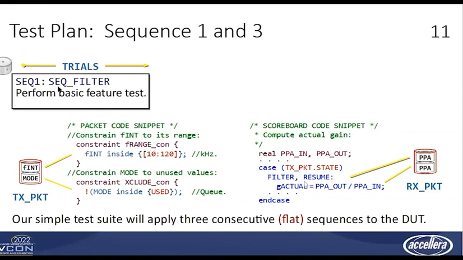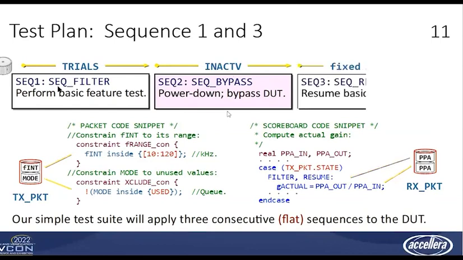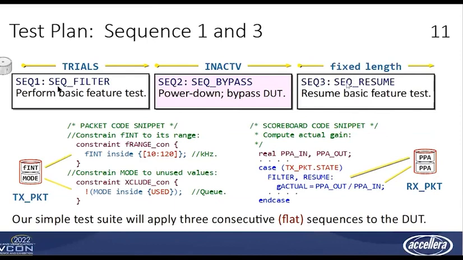And we also compute the filter gain. Then we transition into the second sequence, put the DUT in power down mode for inactive iterations, another knob, and then we recover and resume the basic feature test, to keep it simple, just 4 iterations.